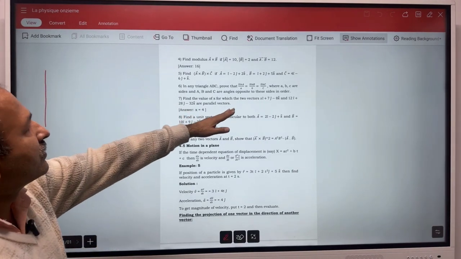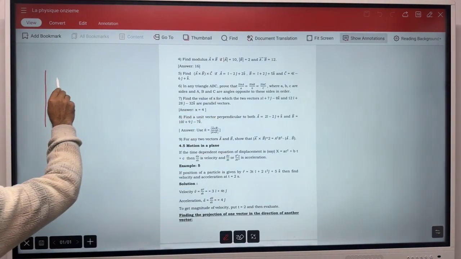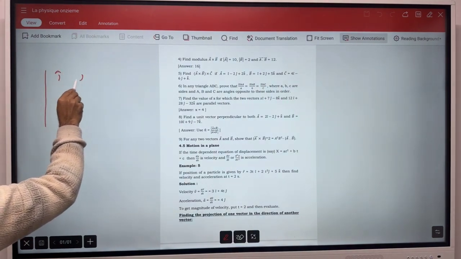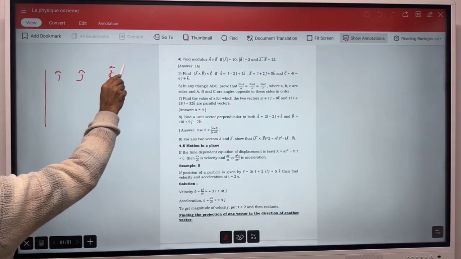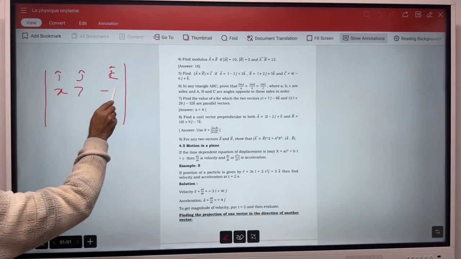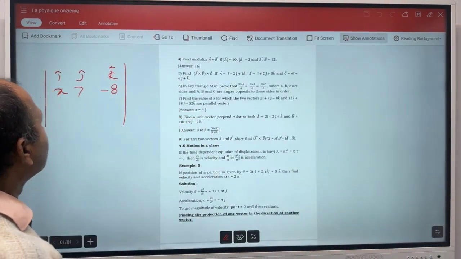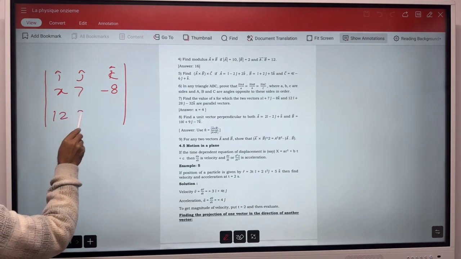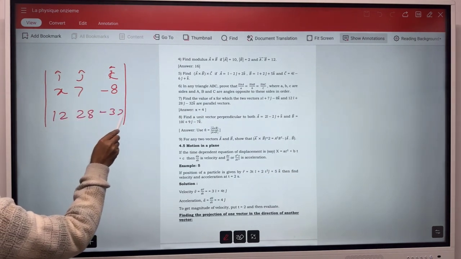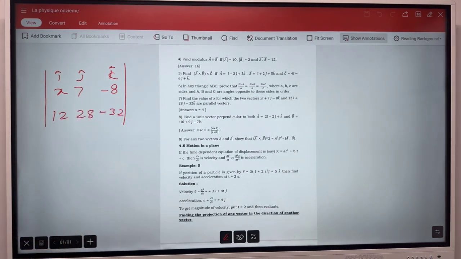So what are the values? x, 7, minus 8, i cap, j cap, k cap, then 12, 28, minus 32.